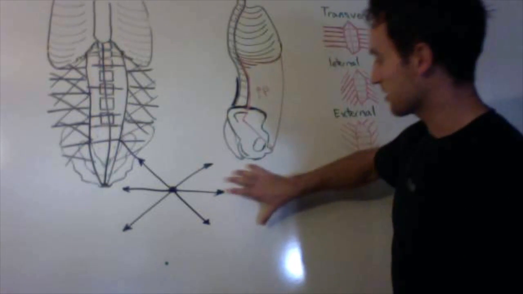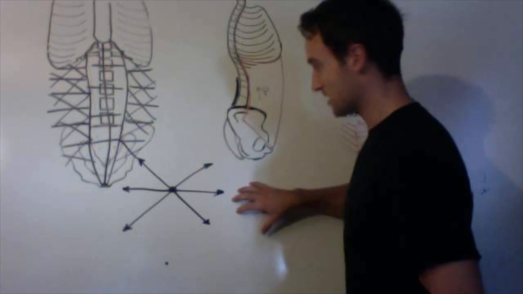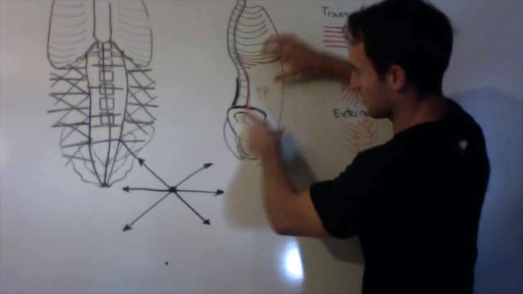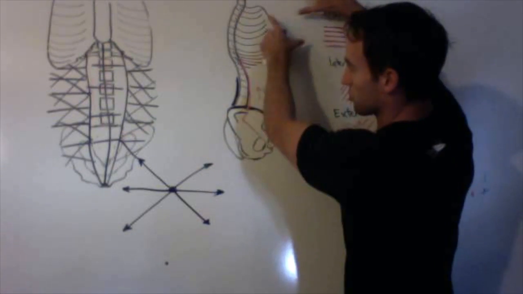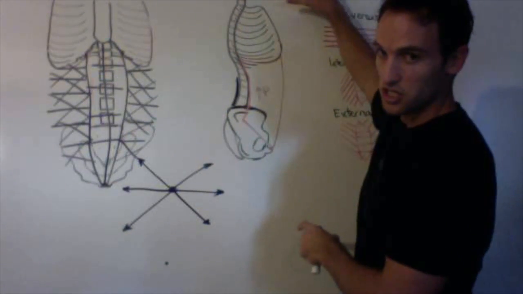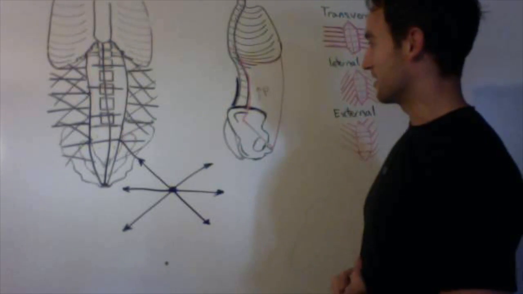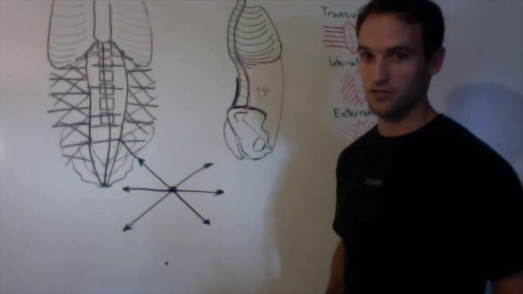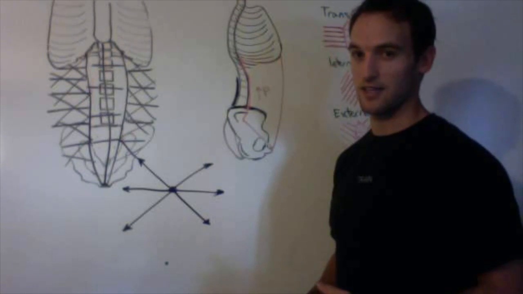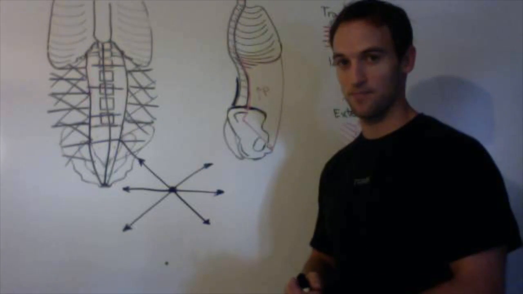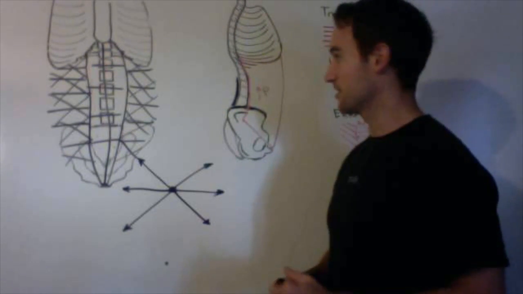If we have power coming from the ground where we press and push up through here, it's not doing this motion, it's staying rigid, and that power is going straight up to the next step in the chain. So that's how the increased pressure you can generate in the abdominal cavity can contribute to both reducing low back pain as well as increasing power transfer.